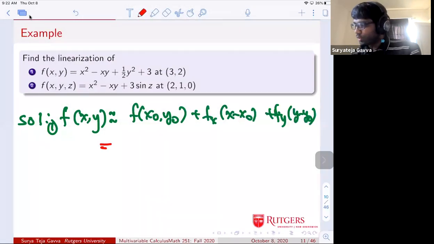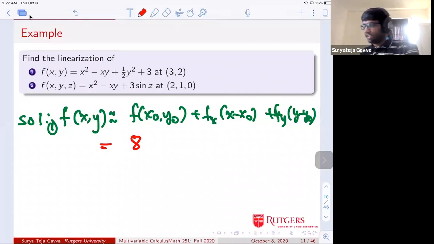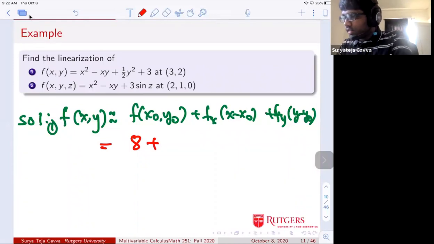Now let's compute what this is. Just plug in f of x0, y0. Plugging in the values 3 and 2, you get 8. Now compute fx and fy.